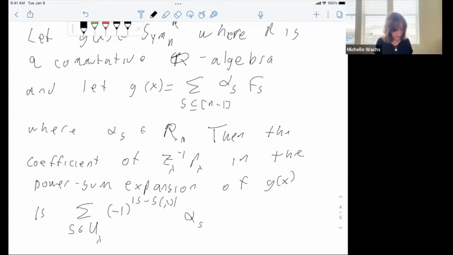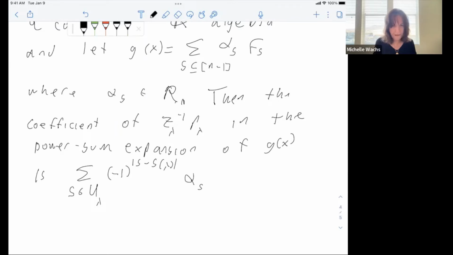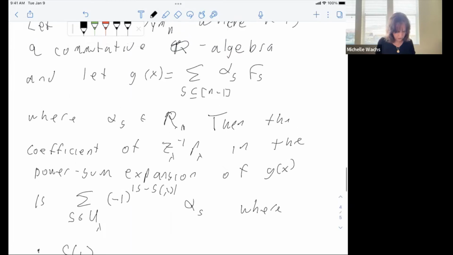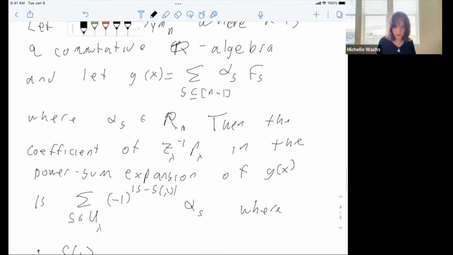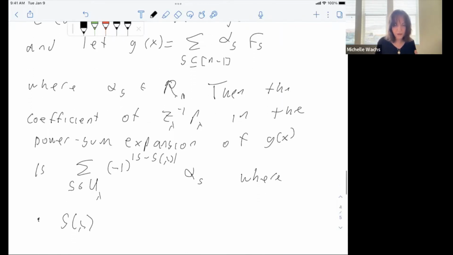Let me say what this is. Is that readable? The cardinality of the set S minus this other set S_lambda, minus 1 to that, times alpha_S, where S_lambda is the usual set representation of the composition lambda. Lambda, here it's clearly a partition, but we're viewing it as a composition, writing it in decreasing order. So S_lambda is the set associated with that composition.